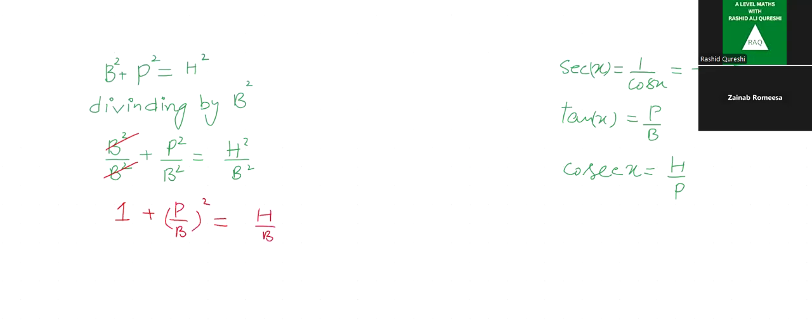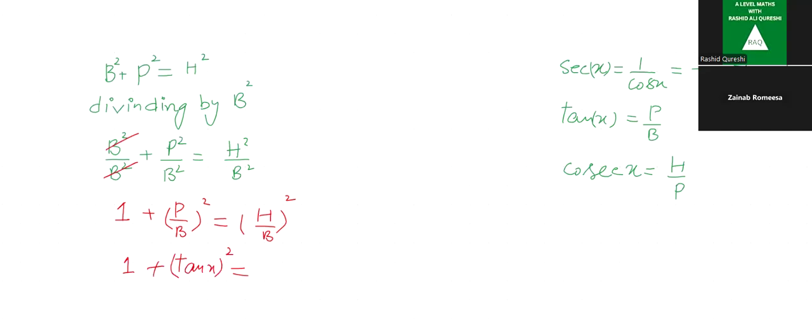So 1 as it is, no change, plus as it is, the perpendicular upon base. Perpendicular upon base is always tan, so you write tan of x whole square is equal to h upon b whole square. And h upon b is the secant of x.